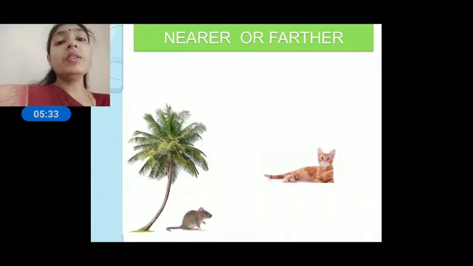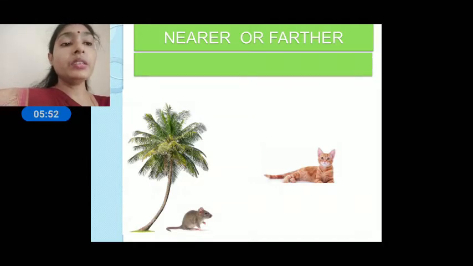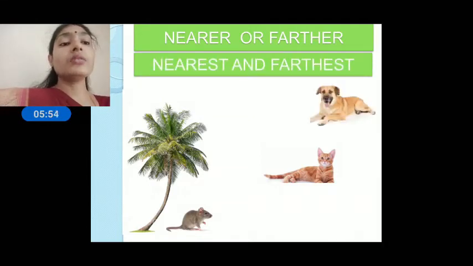Now, as we learned bigger and smaller, similarly we can learn nearer and further. Say if I take the tree as the point, the rat is nearer to the tree and the cat is further from the tree. But when there are more than 2, what will happen? Nearest or furthest.